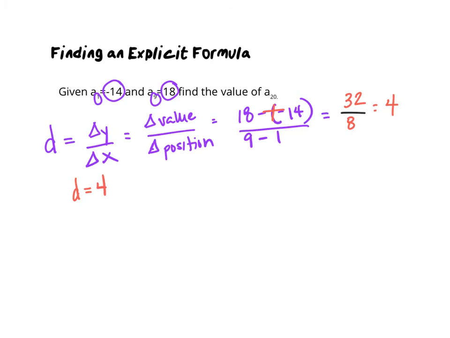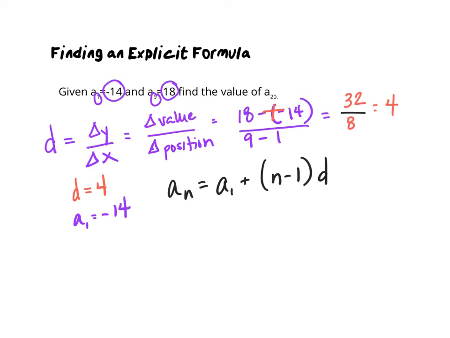We also know A1 already, because it was given to us. That's equal to negative 14. So A1 is equal to negative 14. And we know our formula says that An is equal to A1 plus n minus 1 times D. Well, look what we have.